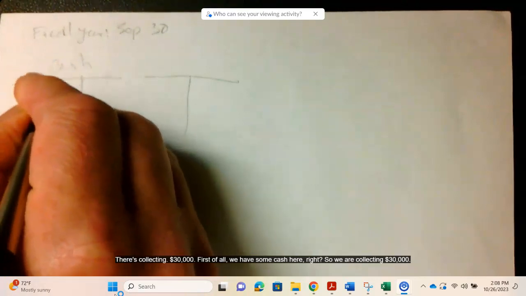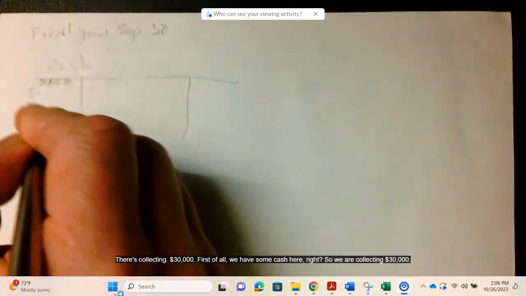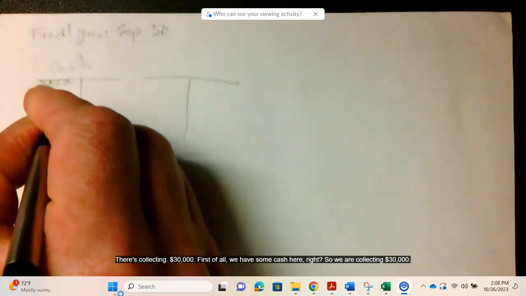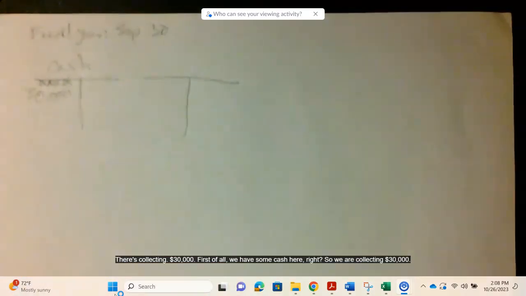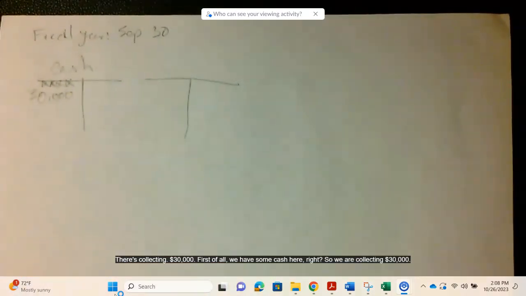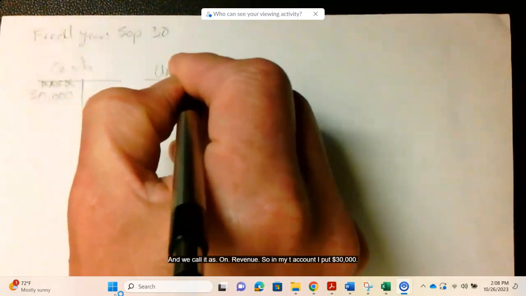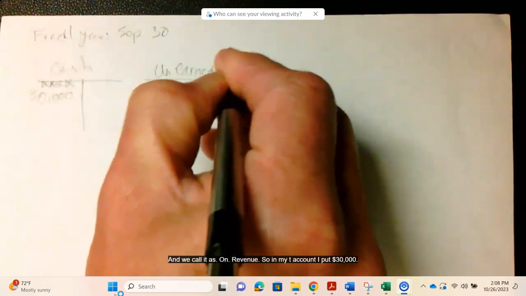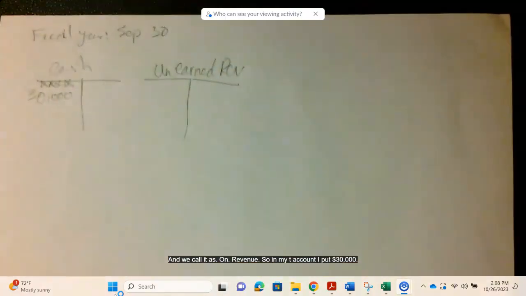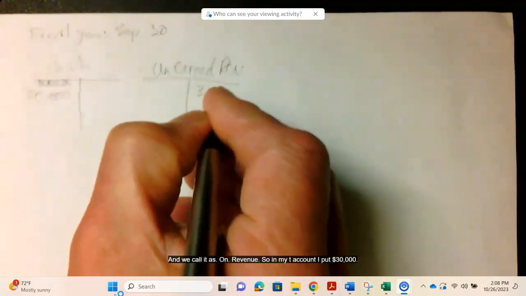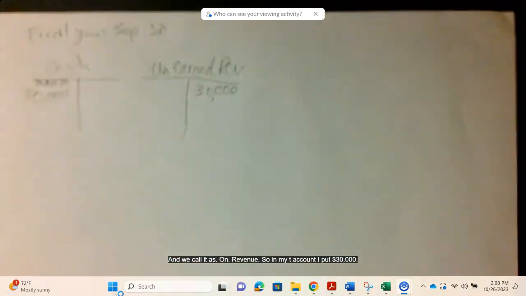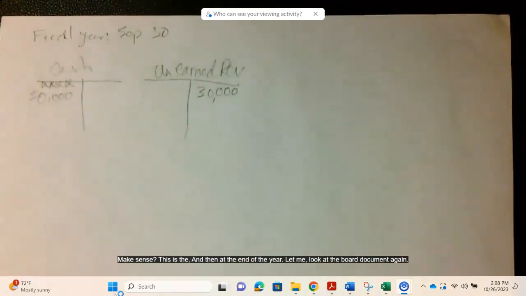First of all, we have some cash here, right? And we call it unearned revenue. So in my T account, I put $30,000. Make sense? This is the original journal entry, remember?